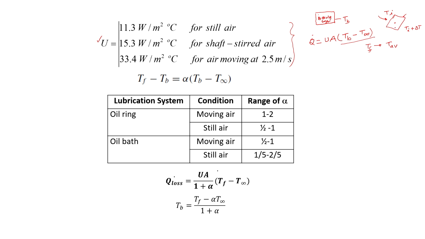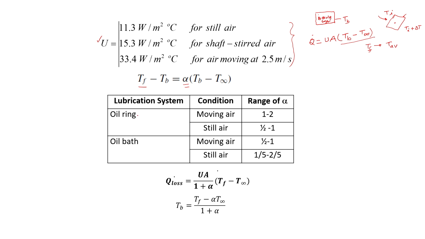Now, we have a relationship between the fluid film temperature Tf and the housing temperature Tb: Tf minus Tb is equal to alpha times the housing temperature or block temperature Tb minus T infinity. And this alpha can be determined from this table based on the lubrication system.